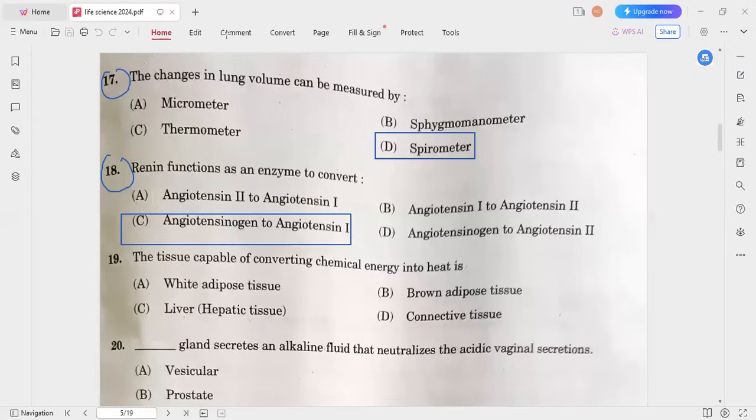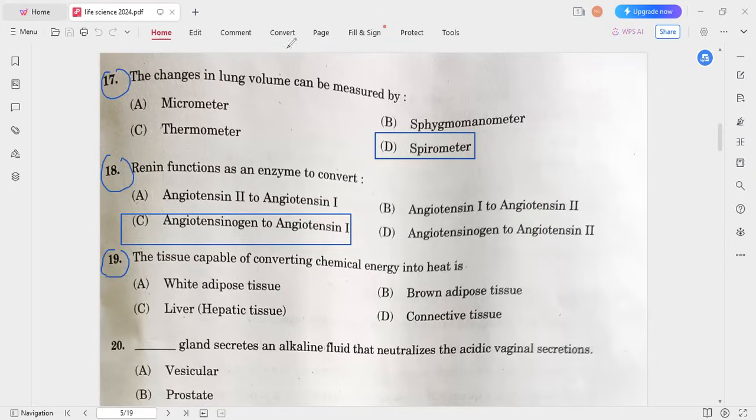So next question, that is question number 19. The tissue capable of converting chemical energy into heat. Usually this helps in the burning of fatty acids to maintain body temperature, as in the polar bear's body.